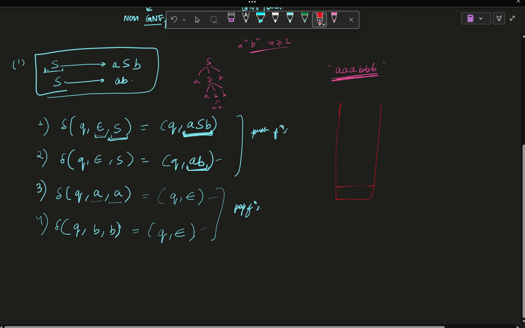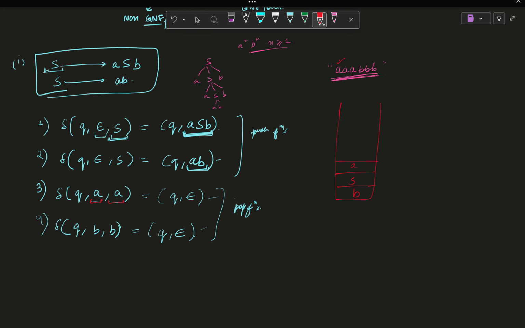Now, first of all, when there is nothing to input and there's only a start symbol there, we are going to add A S B, right? So B S A, A S B. And then our A has been already input. Now this A that was already input here is on top of an A, right?